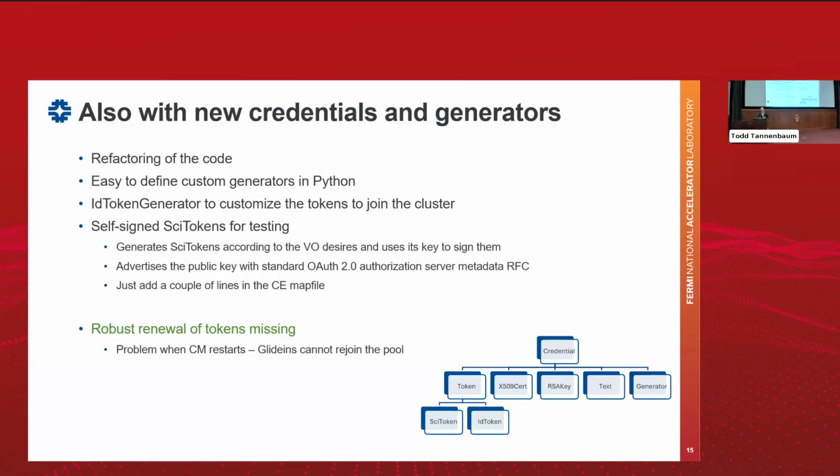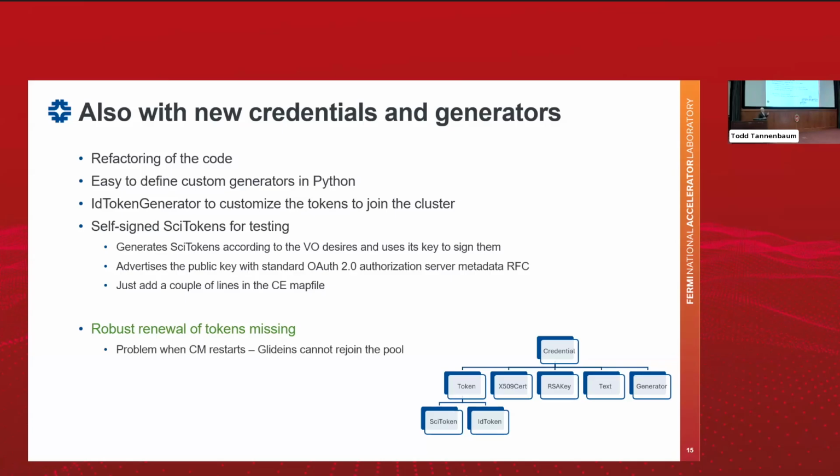On some sites, we needed to make them with a longer lifespan so that they could survive the time in the queue. We have also easily added self-signed site token that you get in the front end and you can use for testing easily to run on your resources.